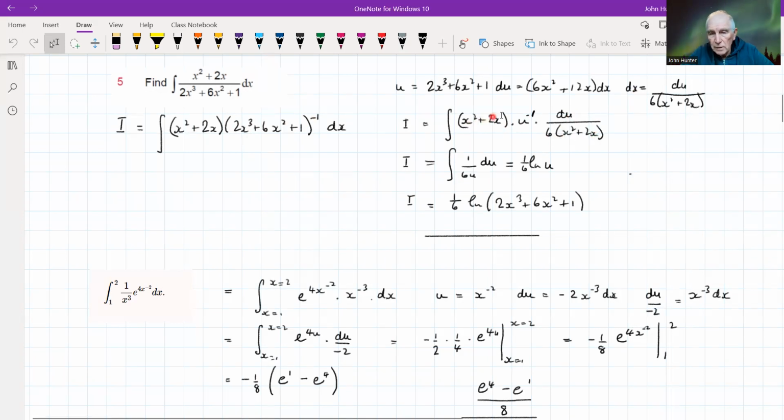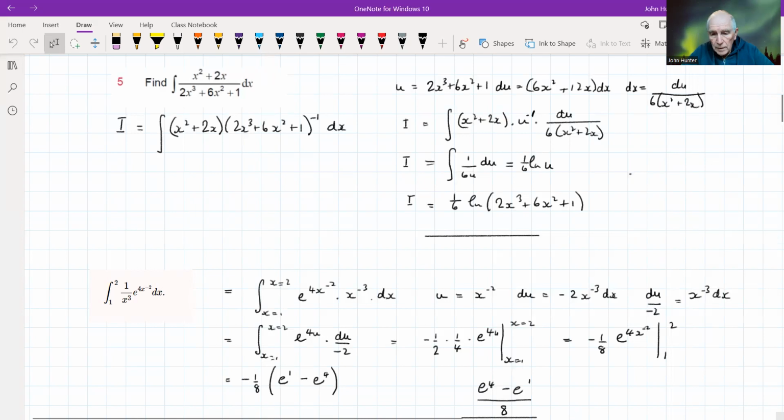These two cancel out, and this is always the pattern you get with these reverse chain rule substitutions, giving us basically 1/6 du, and then we can integrate that to 1/6 natural log of u, and then we can put our x function back in for u, and it's going to give us this result.